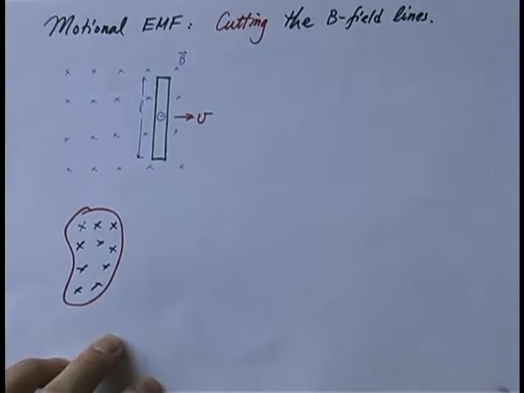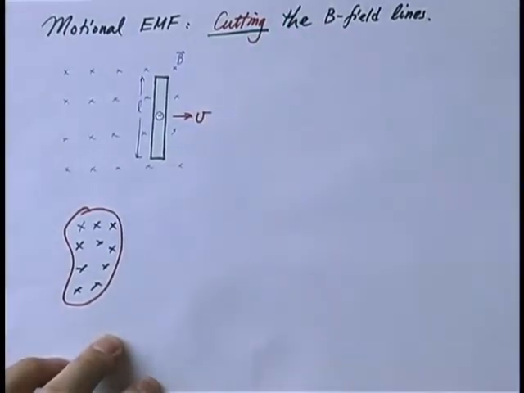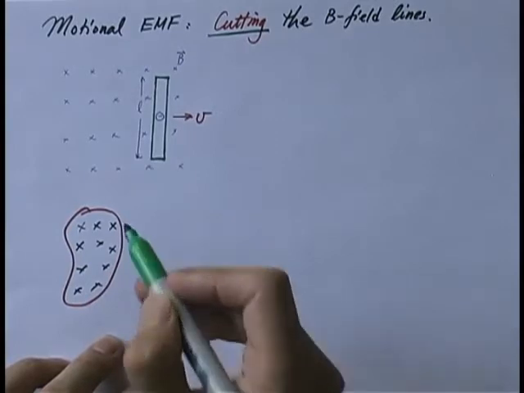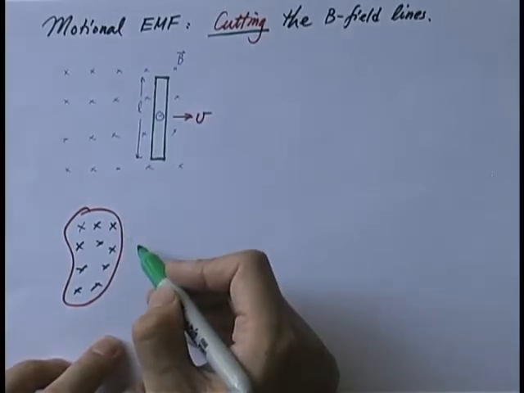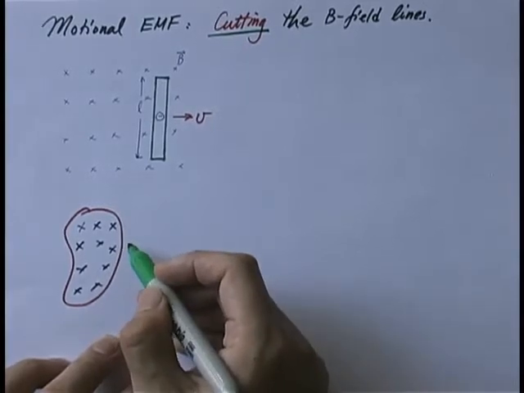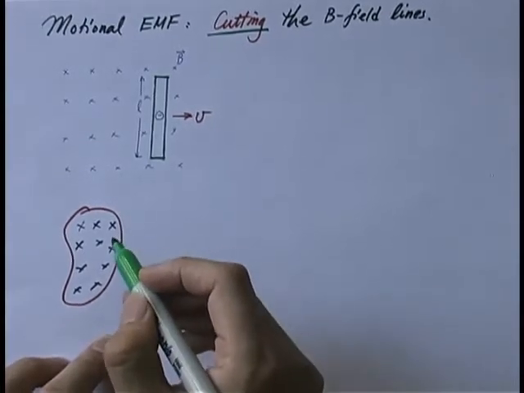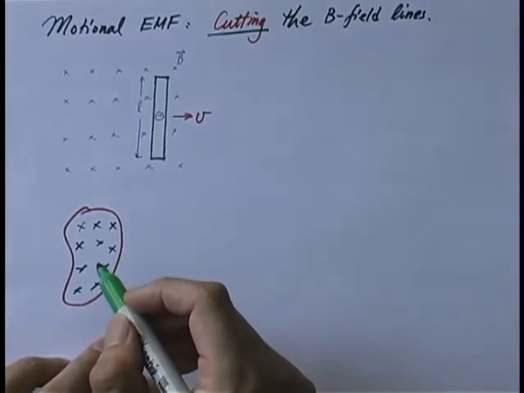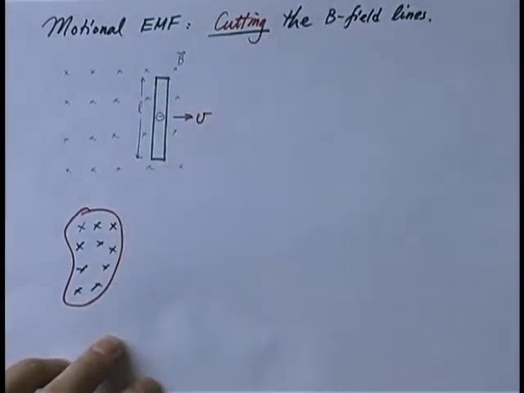The keyword here is cutting. You have to cut it. If you go up and down parallel to the B field, you're just scraping by the B field lines. Are you cutting the B field lines? No, you're not. If you don't cut the B field lines, nothing happens. You have to cut the magnetic field lines. This is the only way to generate a motional EMF.